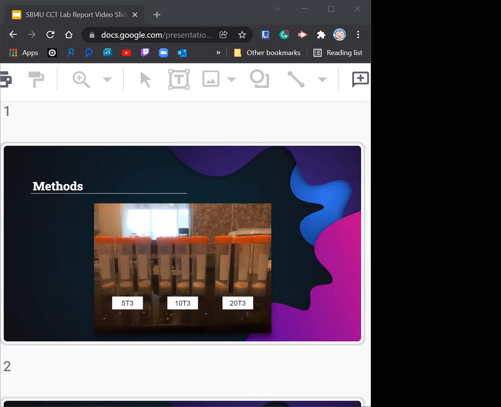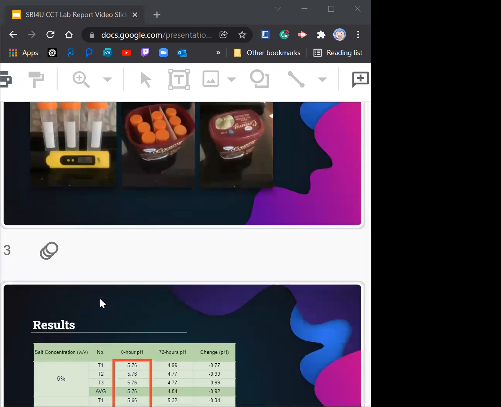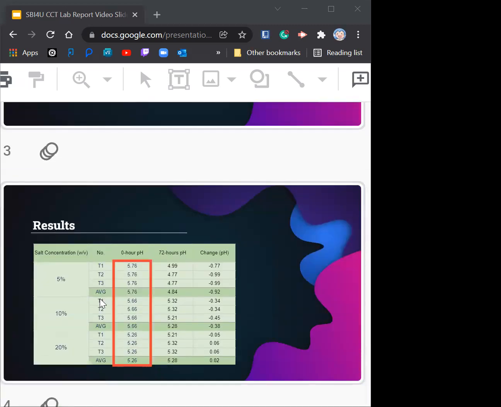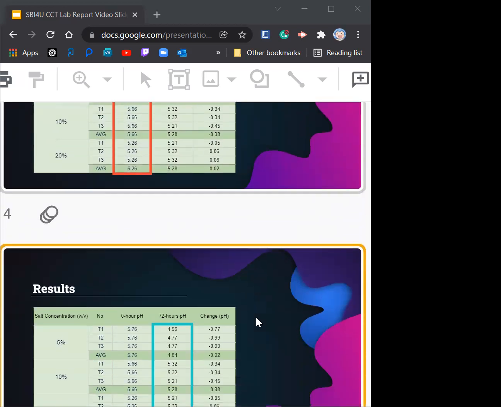For me, because I cut it down by 10%, originally it was supposed to be 100 ml of water with 50 grams of rice, but then I made it 10 ml and 5 grams of rice. So we fermented that for 72 hours and then we recorded 0-hour pH and 72-hour pH, took the averages of those, and that became our results.